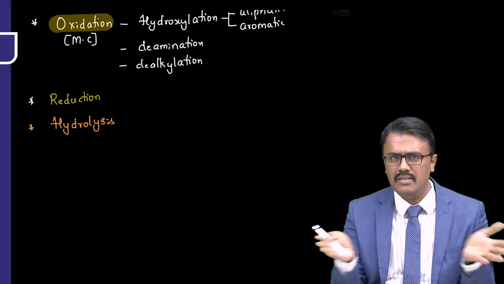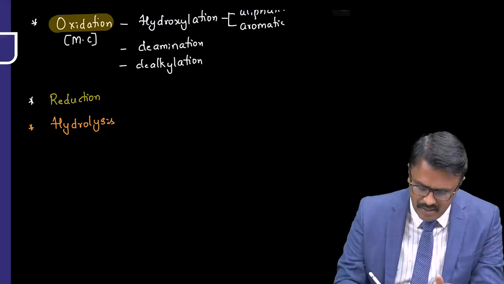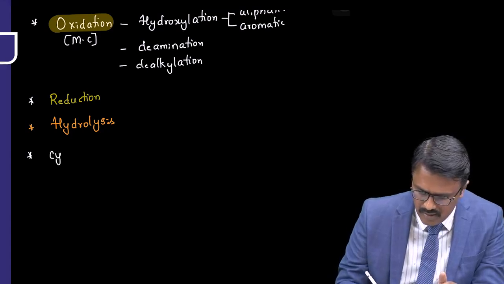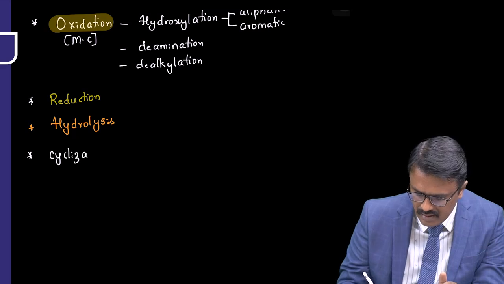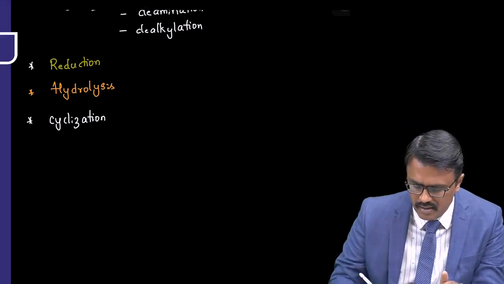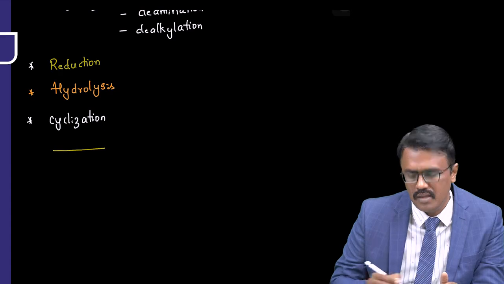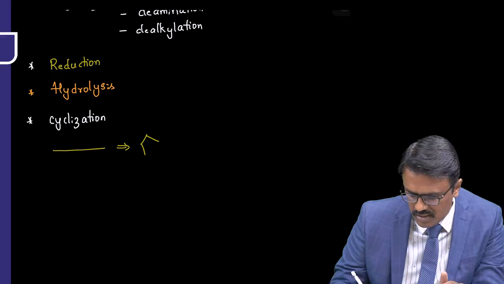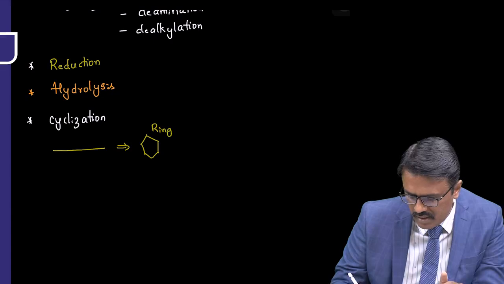Then we have another process that is called cyclization. What do you mean by cyclization, sir? Suppose the drug is a straight chain. Cyclization will make the drug from this straight chain into a ring structure.